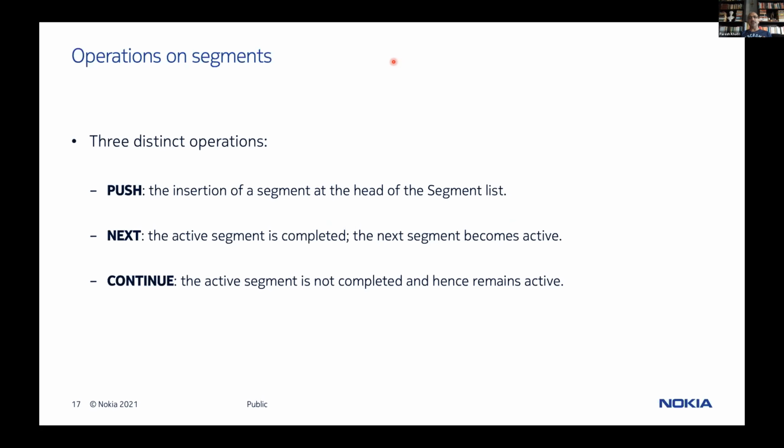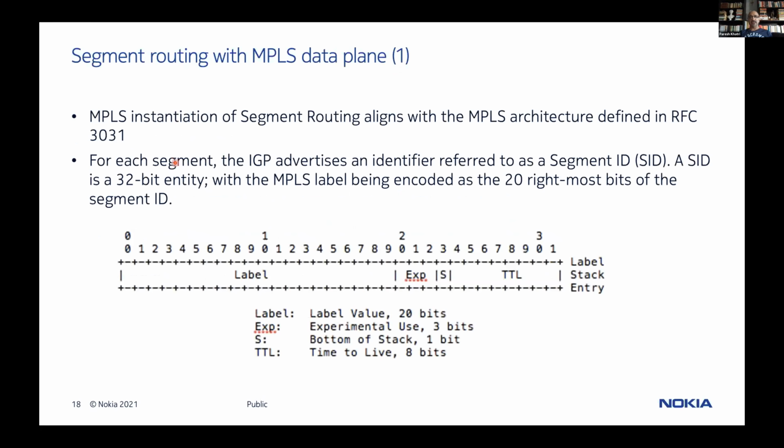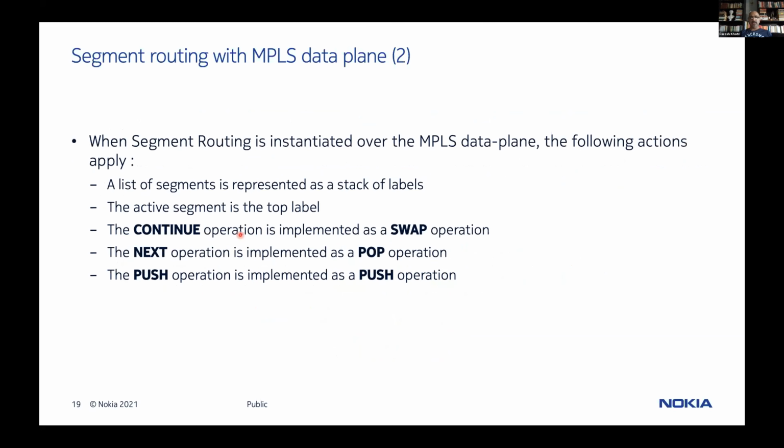We have an IPv6 data plane as well. So this terminology actually applies to both MPLS and IPv6. We've already spoken about segment routing with the MPLS data plane, where we encode the segment routing ID within the MPLS label, and we use these operations.